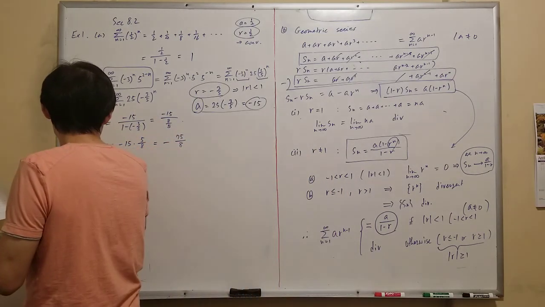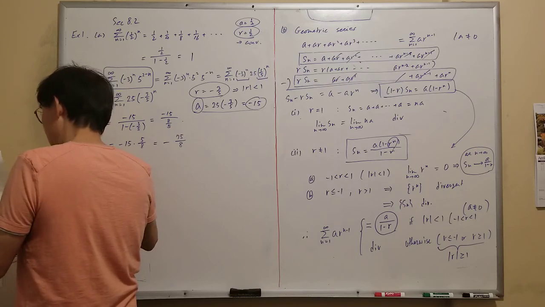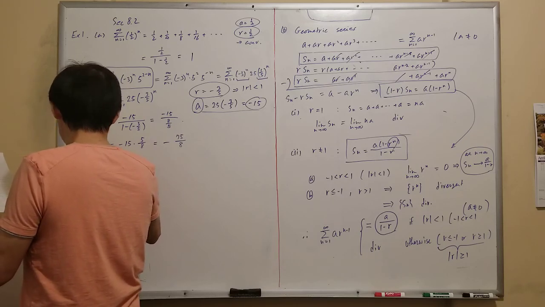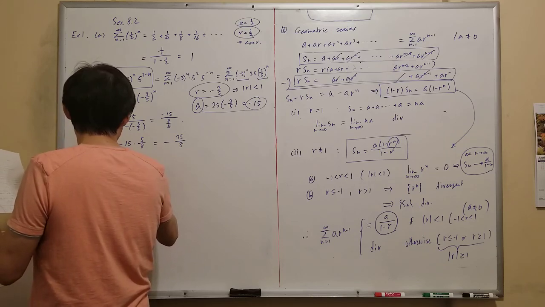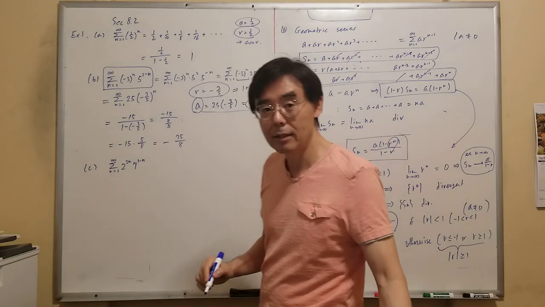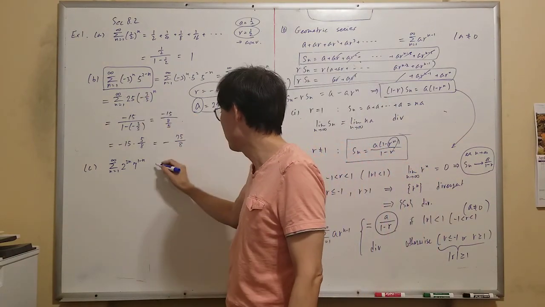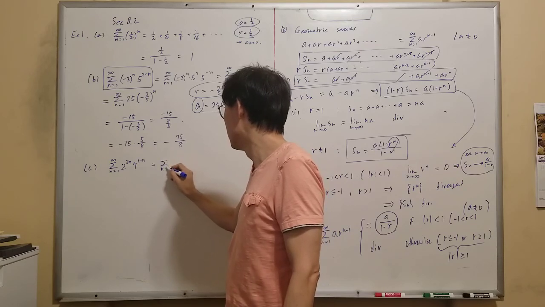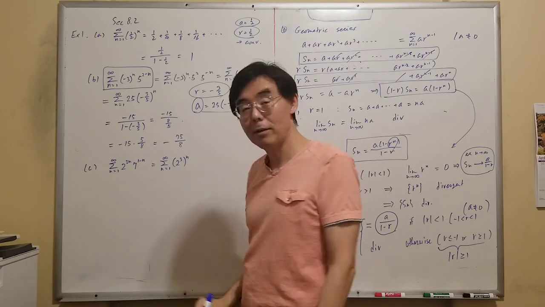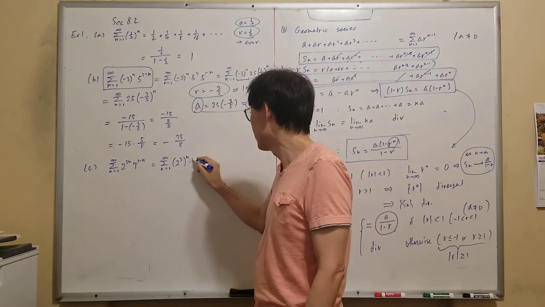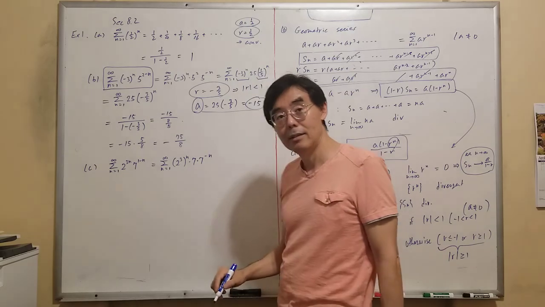Next, C. n runs from 1 to infinity, 2 to the 3n, 7 to 1 minus n. Okay, we have to write something to the nth power. This is 2 to the third to the nth power, times 7 to the negative nth power.